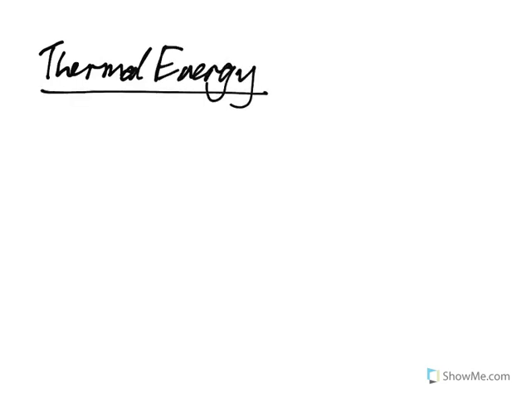All right, so the next thing is thermal energy. All right, there's a whole bunch of energies. Thermal energy is, if you like, heat energy, and most of our thermal energy originates from the sun.